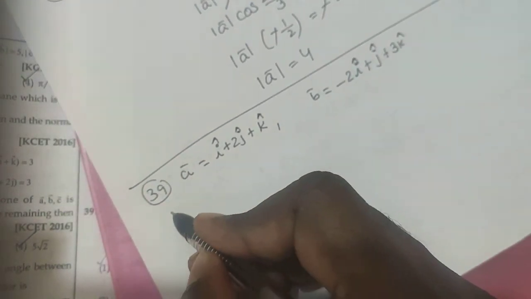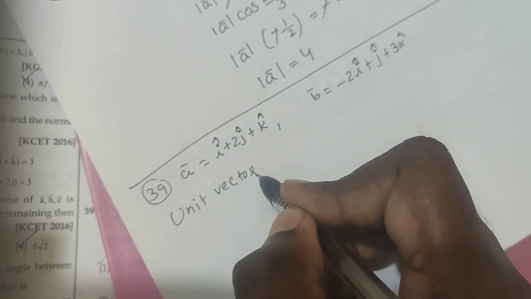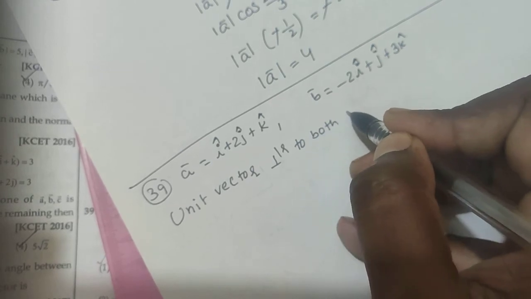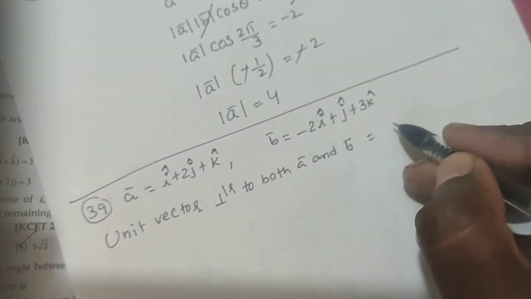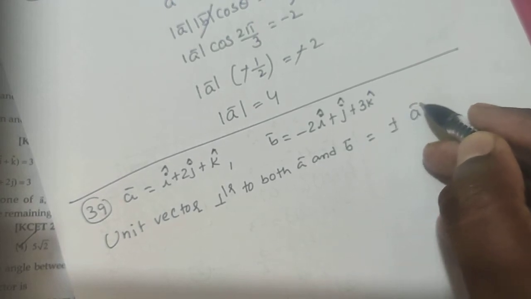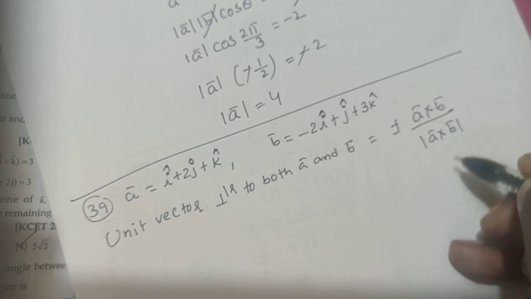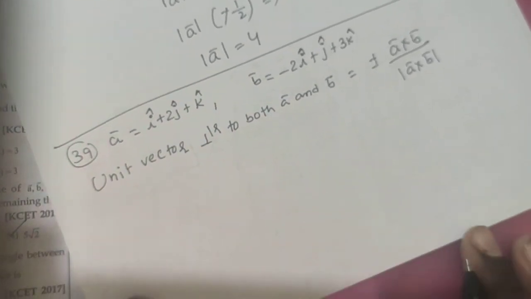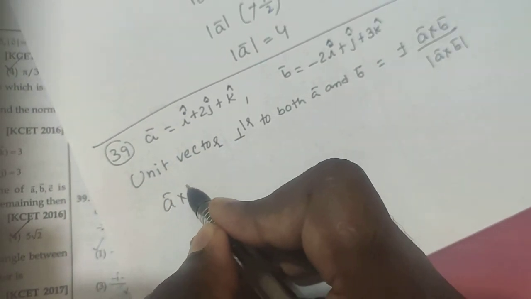What is the formula for a unit vector perpendicular to both a bar and b bar? Plus or minus a bar cross b bar by mod a bar cross b bar. Why plus or minus? A unit vector can go in the upward direction or downward direction. So first of all, I am finding a bar cross b bar.